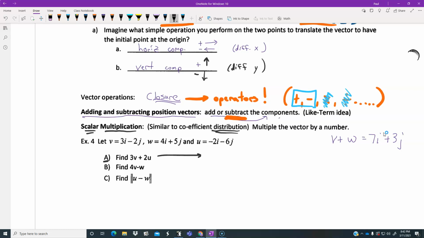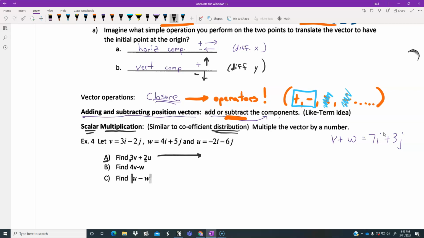This one says do 3v plus 2u. Now these 3's and 2's that are in the front are what are called scalar multipliers. And it just means take the scalar multiplier of v and actually triple everything, which is taking the vector and really increasing its size, or better yet, its magnitude.